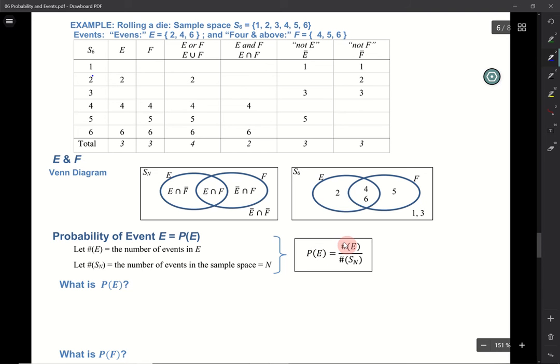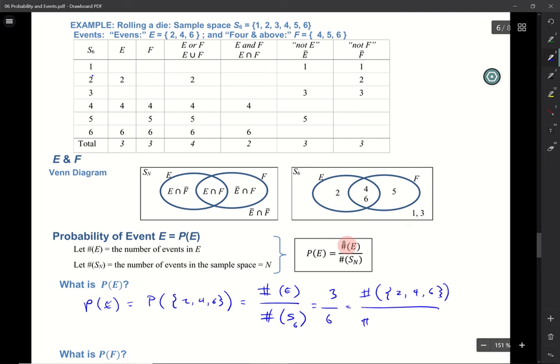The probability of E, which is actually the probability of 2, 4, and 6, is equal to the number of evens over the number in the sample space. You could also say, what's the number in 2, 4, and 6, and then the number in 1, 2, 3, 4, 5, 6. Oops, wrong way. Close off the set and then close off the function.